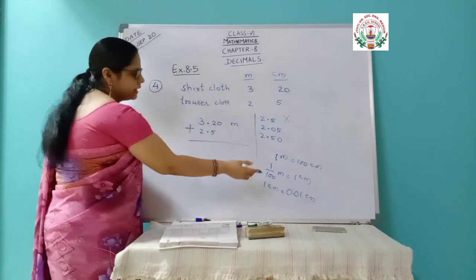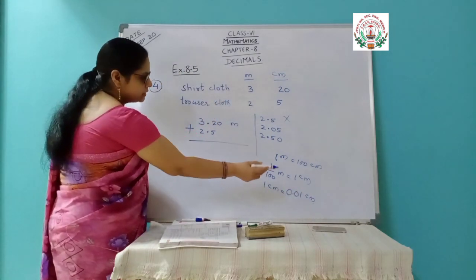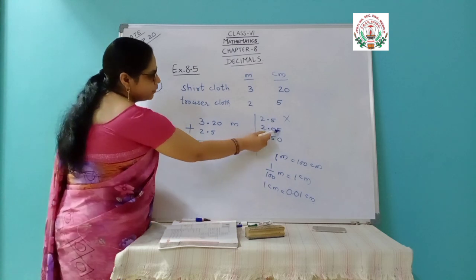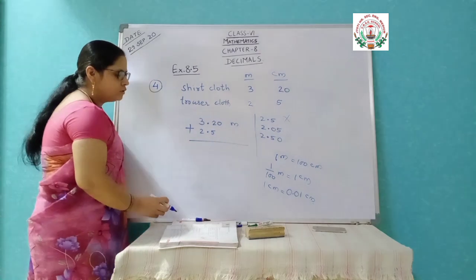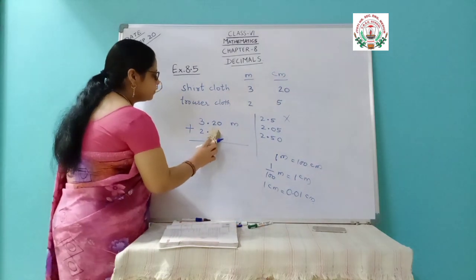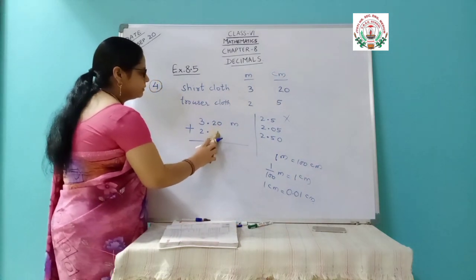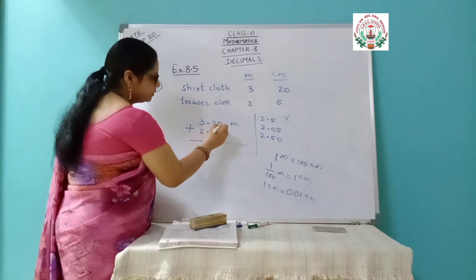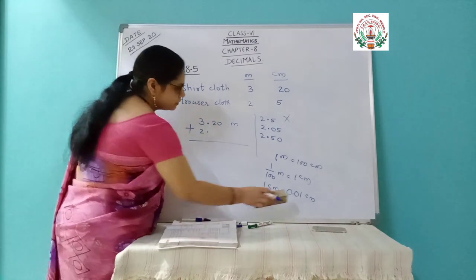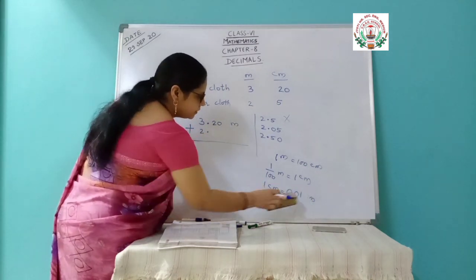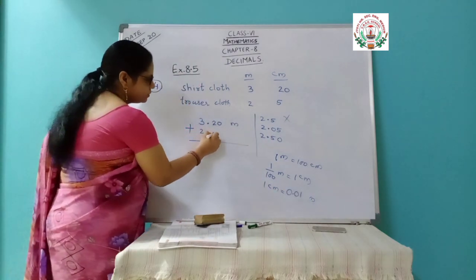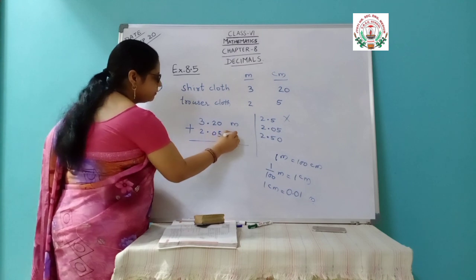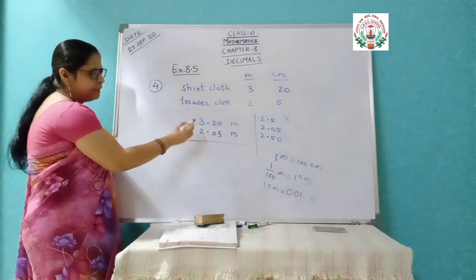So if you are writing 5 centimeter in meters, 0.05 will come. It is not 2.5. So here you should write down 0.05 meter, if you are going to write in meters.